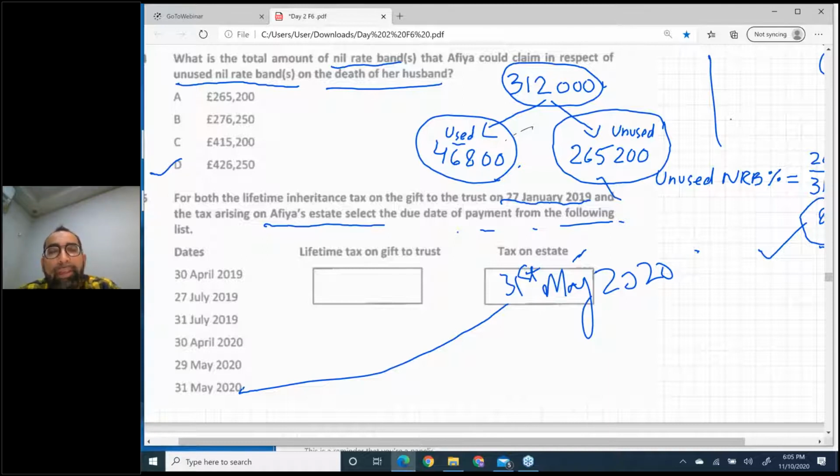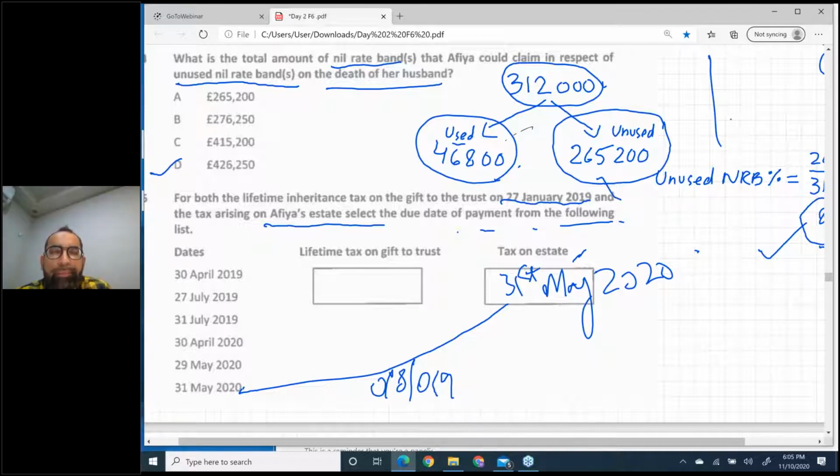Okay, identify the fiscal year. 27th January 2019 falls in the 18/19 fiscal year. Now let me tell you the first date.